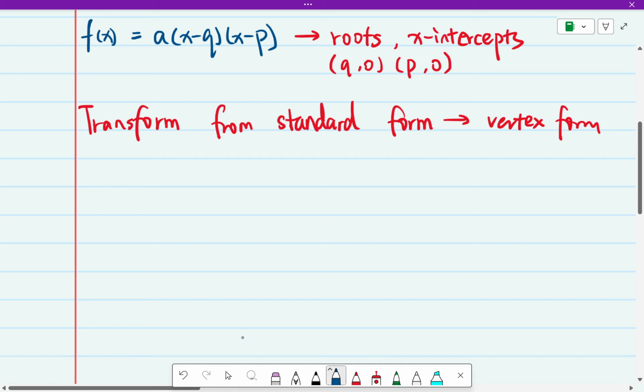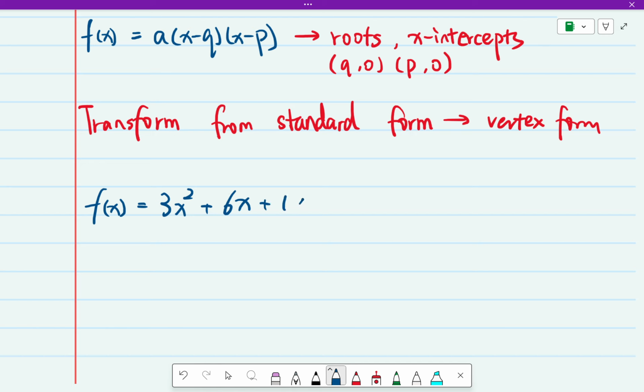Let's say we have a function like f of x equals 3x squared plus 6x plus 18. Maybe not 18. Let's do 50. By simply looking at it, there may not be a way to factor it fully.